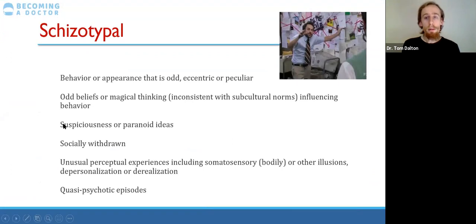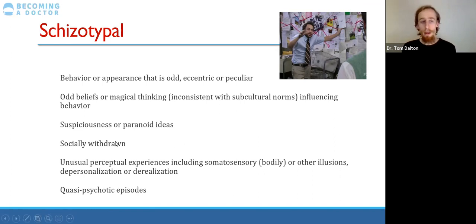And then schizotypal is actually classed under schizophrenia-like disorders in ICD-10, but it's basically you're chronically, I suppose, have some features of schizophrenia at a sort of low level. So this sort of odd beliefs, magical thinking, definitely would be into a whole lot of conspiracy theories, for instance.